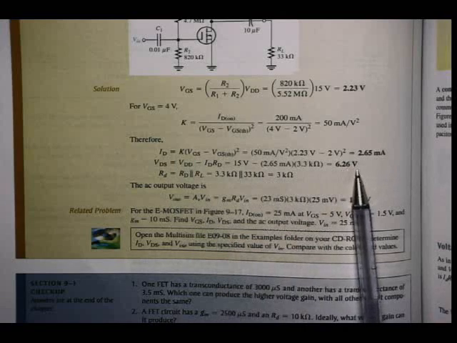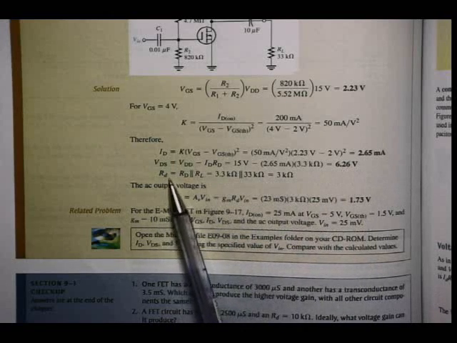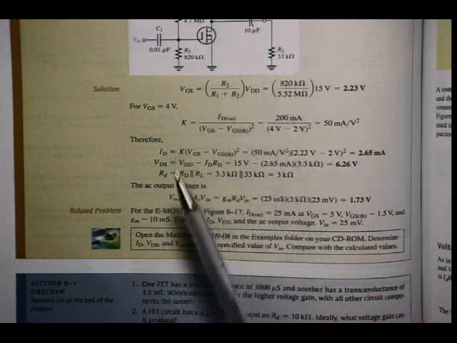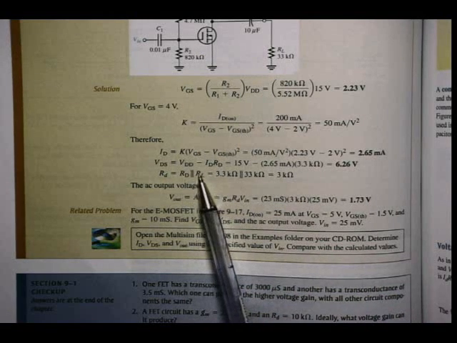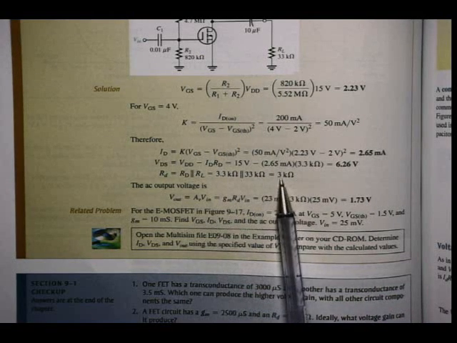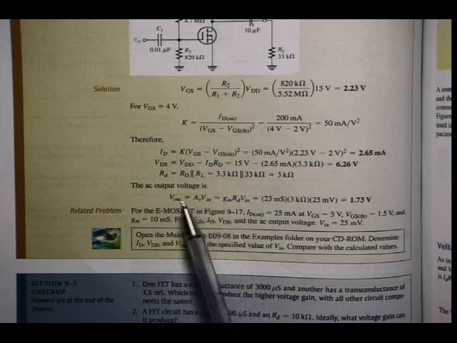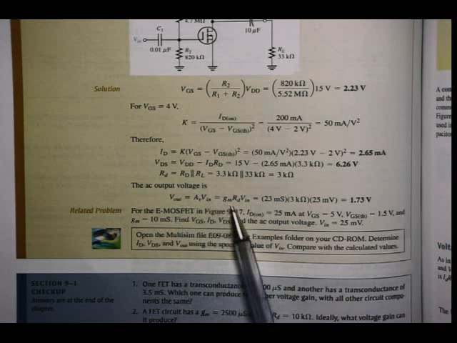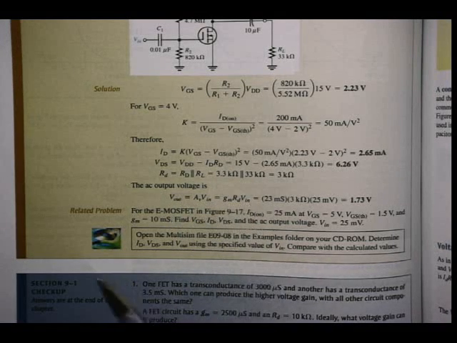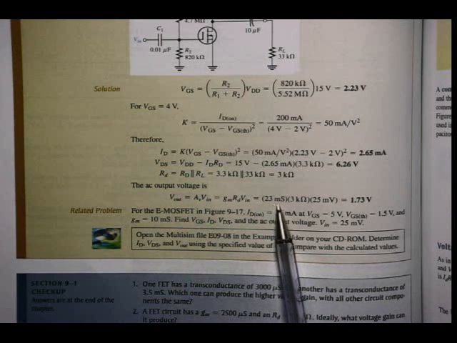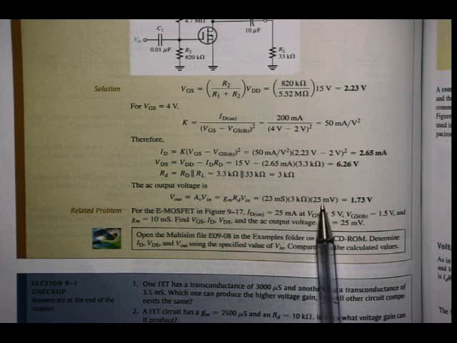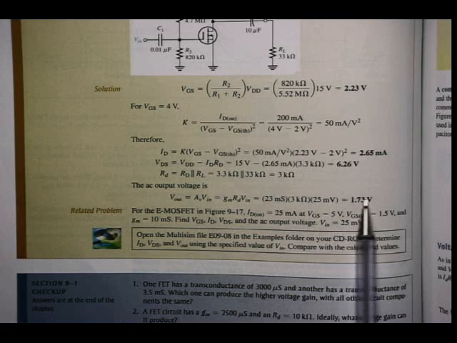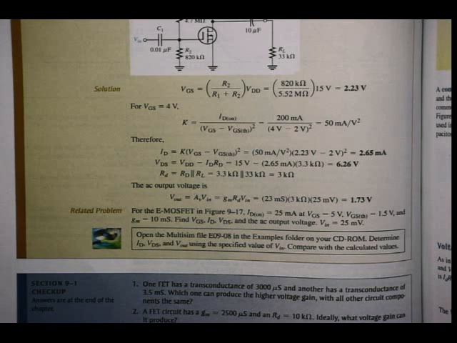VDS is 6.26 volts, then RD, remember there's a load resistor, I have to calculate RD in parallel with RL, 3 kilo ohms, so the AC output voltage is gm RD Vin, 23 millisiemens times 3 kilo ohms times 25 millivolts, 1.73 volts.